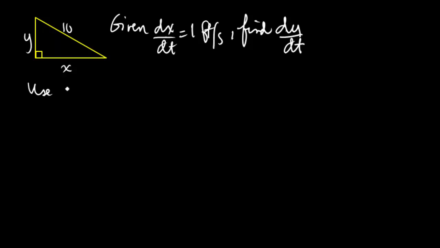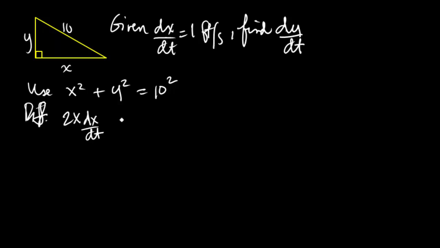Okay, so what do you think is the equation we're going to use? Isn't it obvious that we're going to use the Pythagorean theorem? So x squared plus y squared is equal to 10 squared. Then we differentiate both sides. So it's 2x times dx by dt, chain rule, because we are differentiating with respect to time, plus 2y dy by dt equal to the derivative of 10 squared.